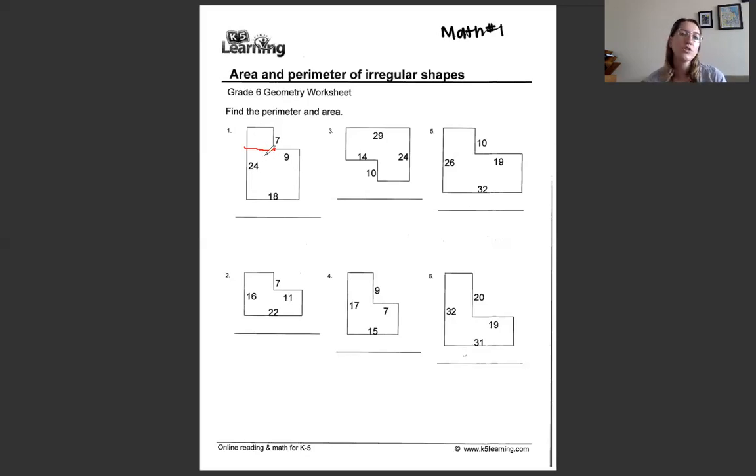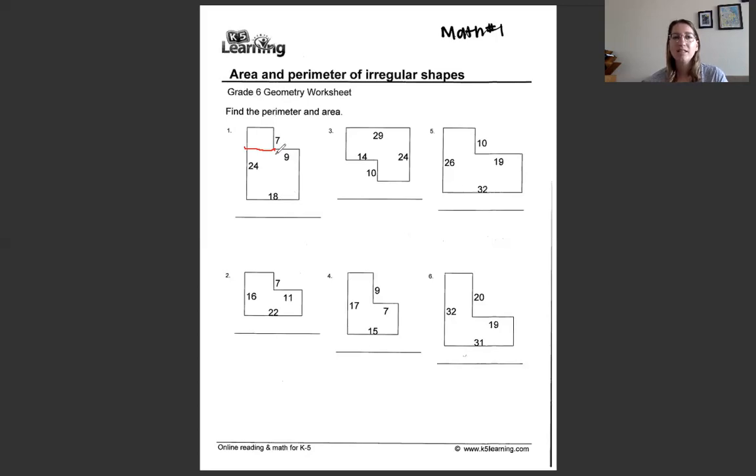So we're going to use all the numbers, all the different side lengths, to help us out. What's really nice is that the 18 down here is just going to stay the same. That tells us a couple of things: that this side right here is 18 units across.